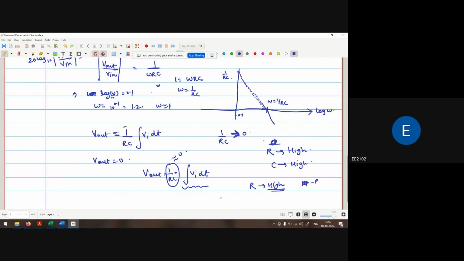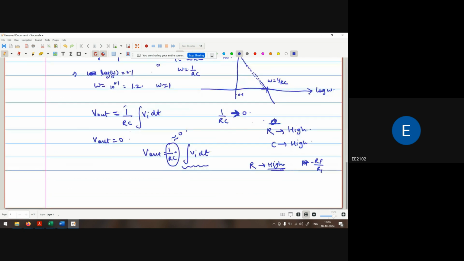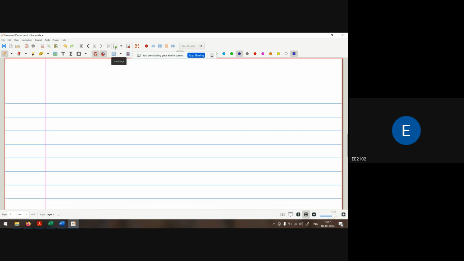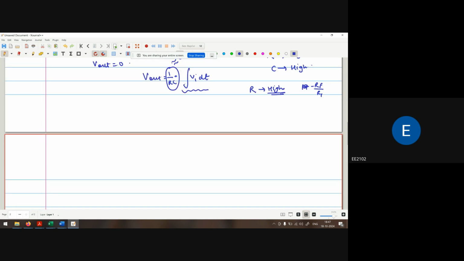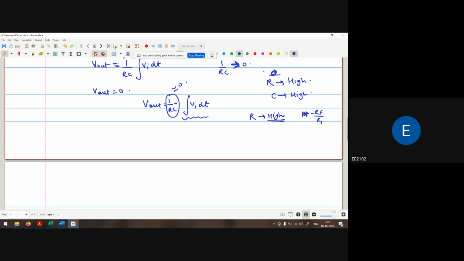It is minus RF by R. If I remove the capacitor, the voltage gain is 1 minus RF by R1 because it is a non-inverting amplifier. If R1, or R, is very high, the gain is very small.